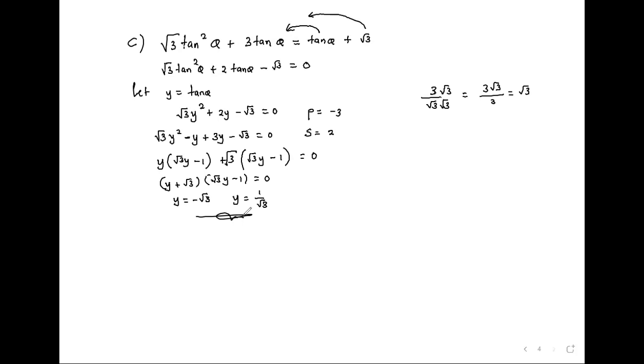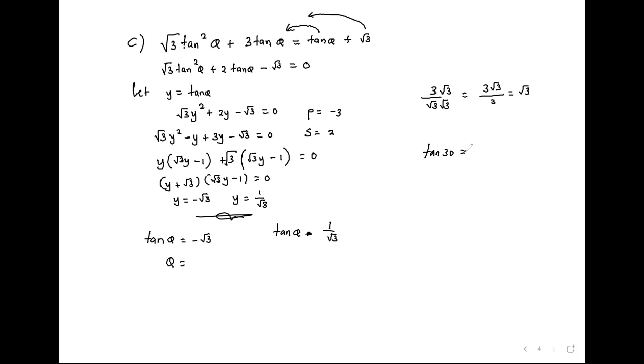So now, when you find these y values, we go back. Since we said let y be tan theta, we go back and equate them to tan theta. Then we look for values of theta that give us those. So here theta is, let's try, what is tan 30?